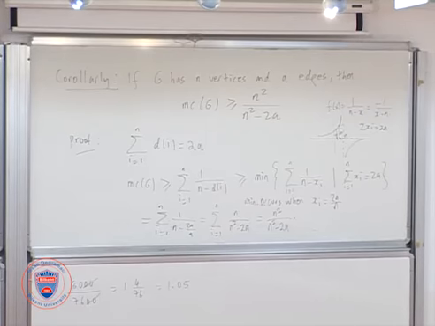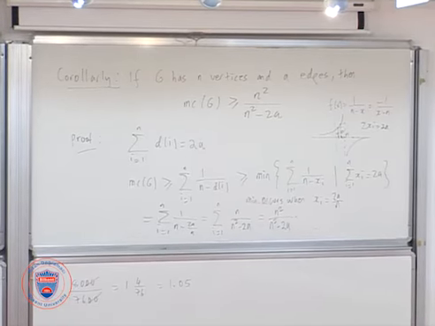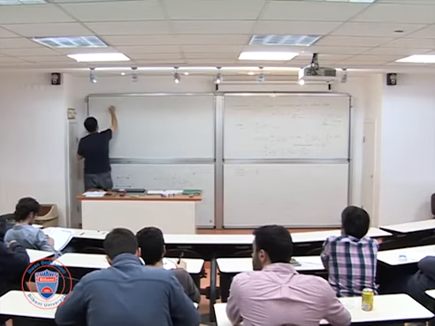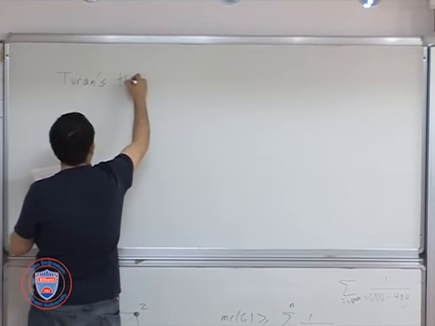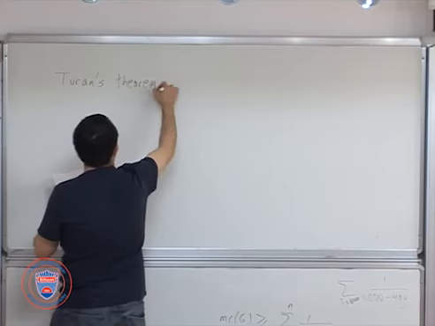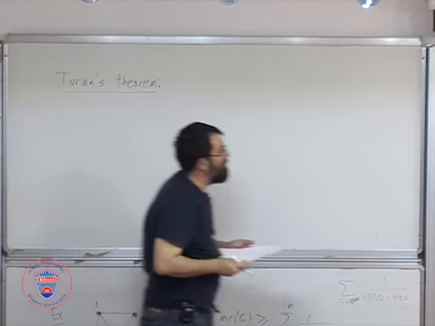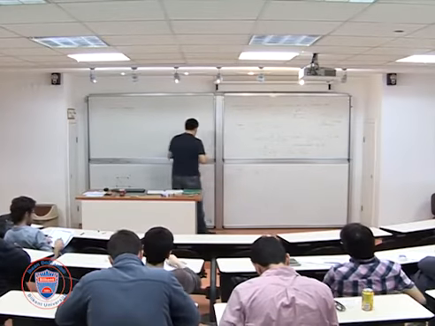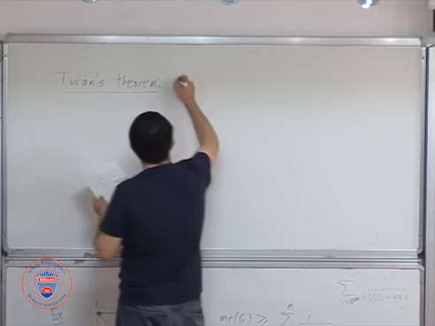Okay, we will finish. So this is Turan's theorem, which we wrote last time. We'll finish this discussion with cliques and independent sets with Turan's theorem. I stated this last time.